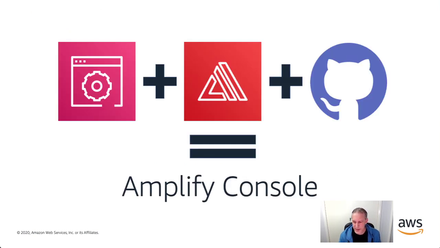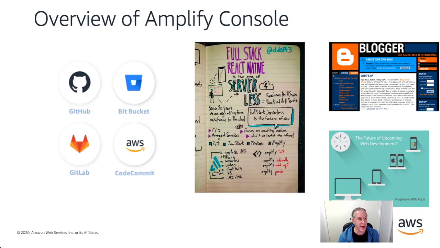All right, let's do a quick run through of the Amplify console. So AWS console plus Amplify plus your favorite Git repo equals the Amplify console. Awesome. There is native integration with GitHub, Bitbucket, GitLab, and of course our favorite, CodeCommit.